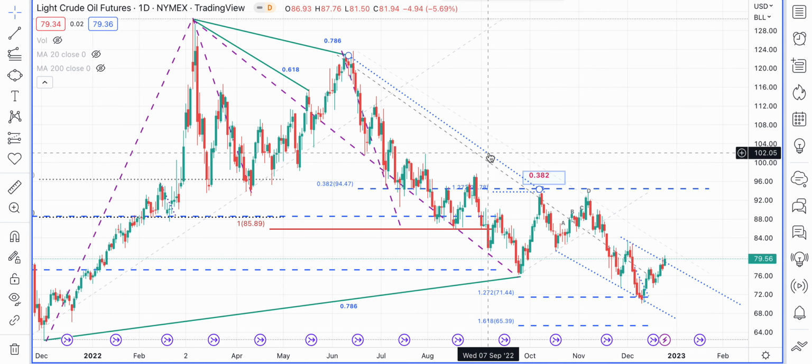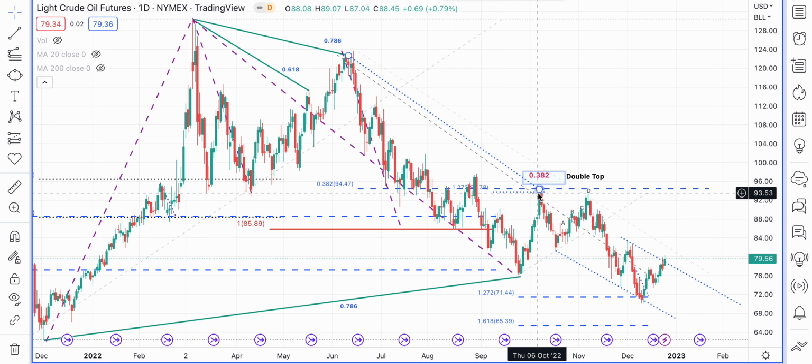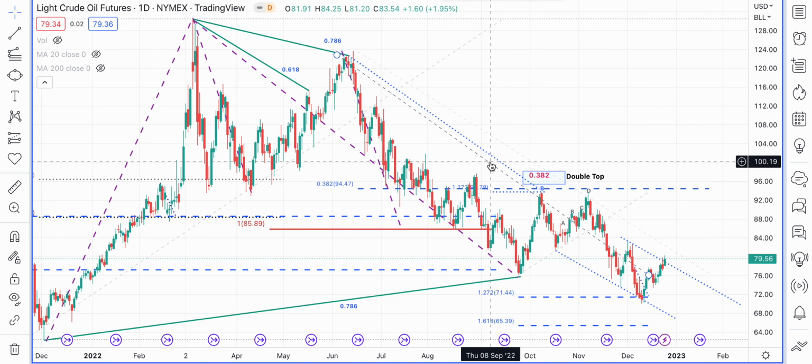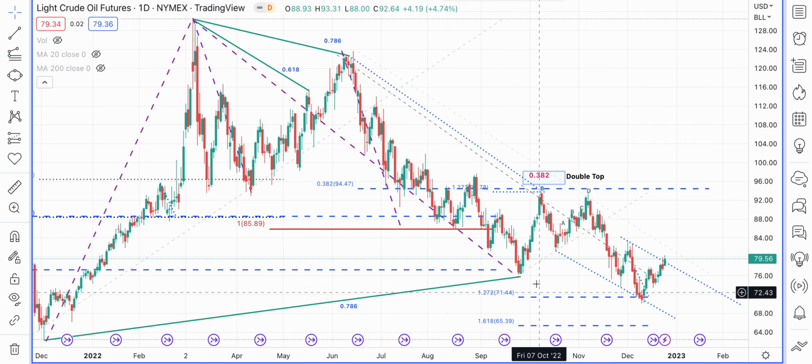So we should just mark it as a double top here. That told us that this market was pretty weak, because it declined from the 38.2% retracement of this swing, from this high to this low, and then price tried to take this high out, was unable to do that, and moved lower.